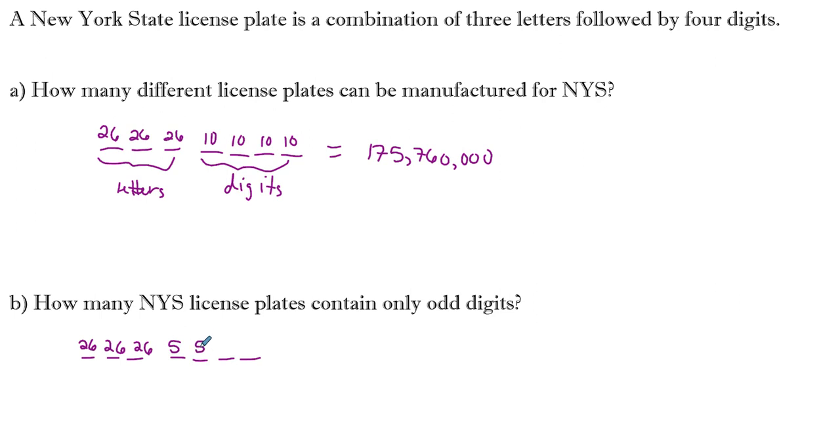So these are going to be 5 possibilities each instead. Same thing, using our multiplication rule, we get 1,098,500 possibilities. So we can see what a difference it makes by just cutting the number of digits you can use in half. There's obviously a fraction of the amount of possibilities in that aspect.